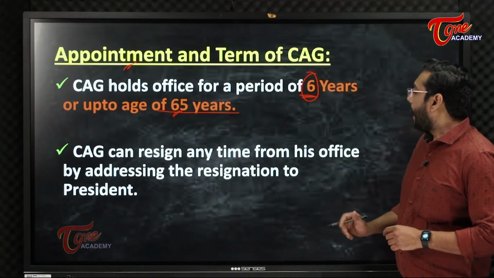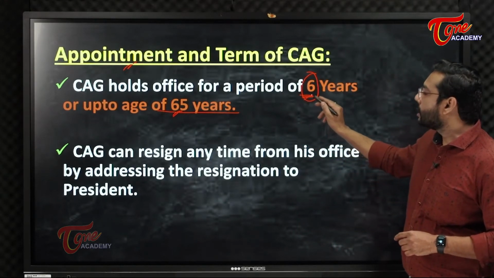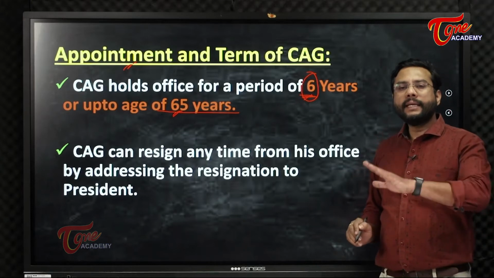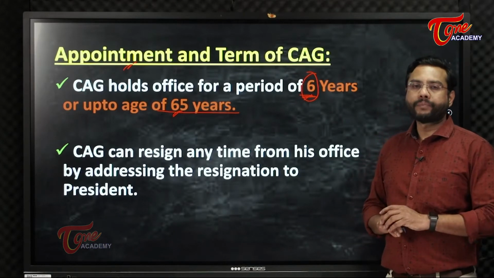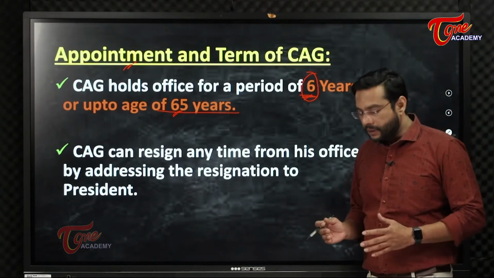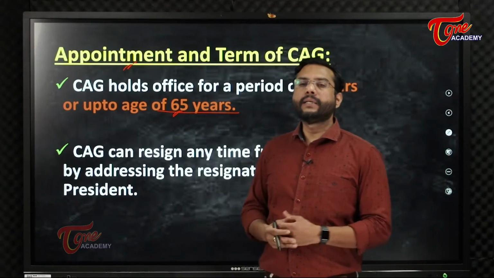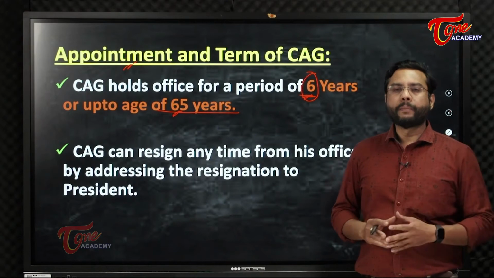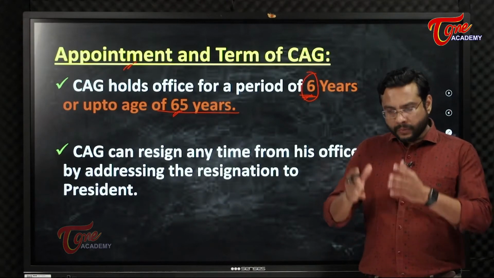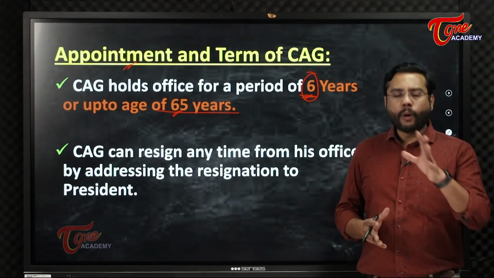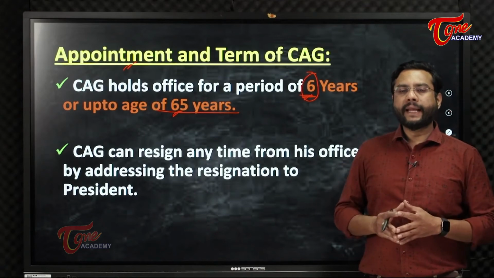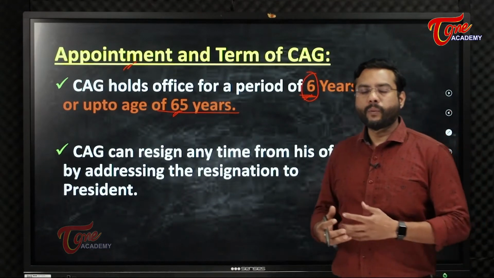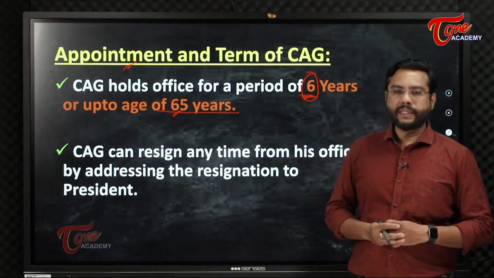That is one thing. And as we said, though they have a term of 6 years, the CAG can resign anytime. Generally, why would the CAG resign? There may be a lot of political pressure, or the job the CAG is taking up may be inconsistent with the morality of the CAG.